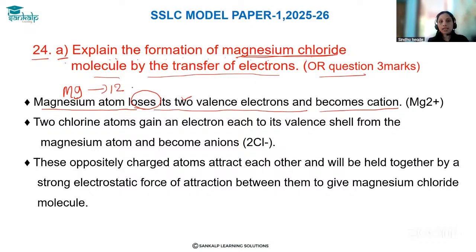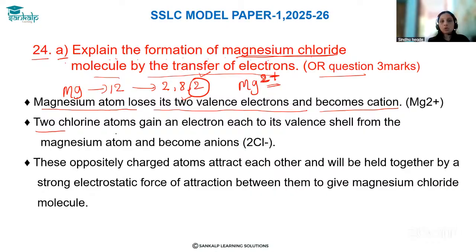So the electron configuration is 2, 8, 2. The outermost shell contains 2 valence electrons. So these 2 valence electrons are lost by magnesium, and finally it becomes Mg2+.